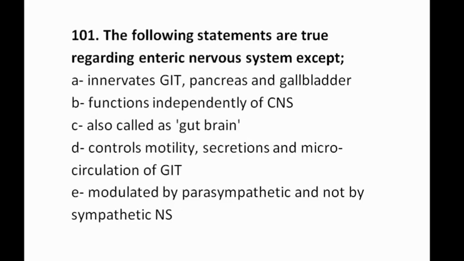D option controls motility, secretions and microcirculation of GIT. This is also correct. And the E option is modulated by parasympathetic and not by sympathetic nervous system.